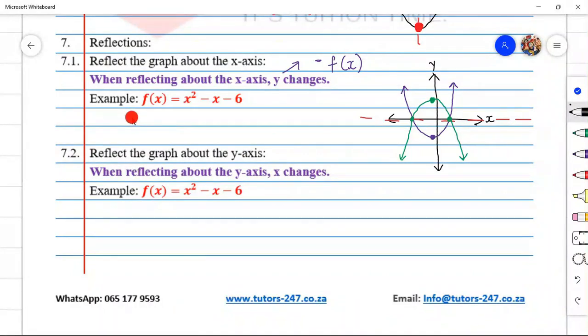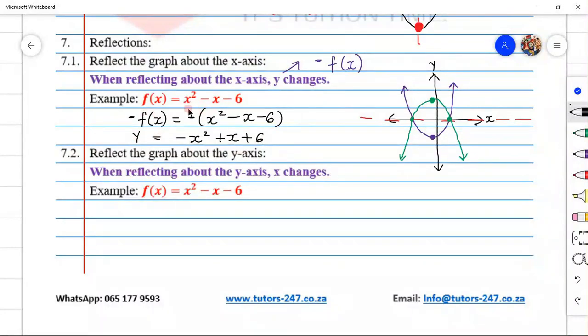So let us do that. So the reflection would then become negative f of x equals negative into x squared minus x minus 6. So we multiply everything by negative. That is then going to give us y equals negative x squared plus x plus 6.